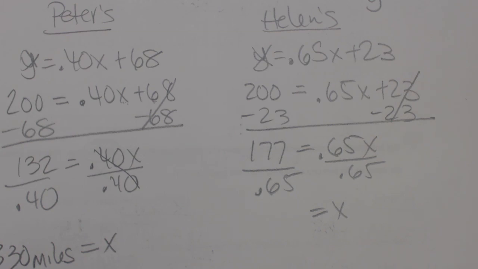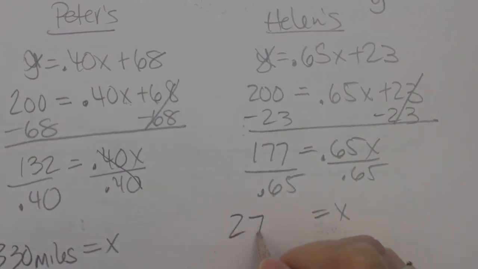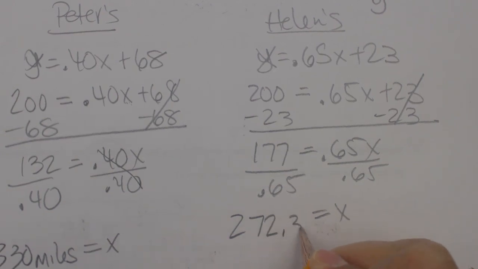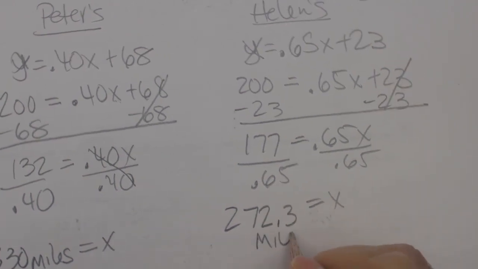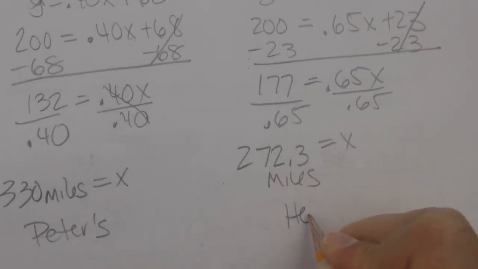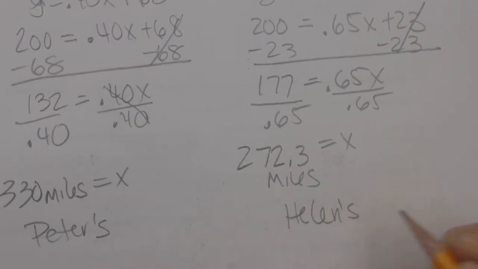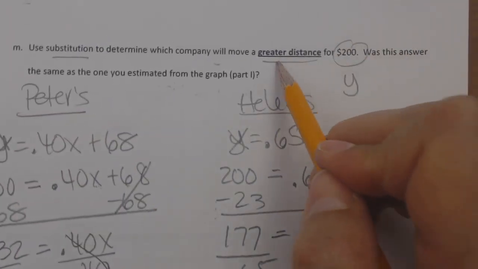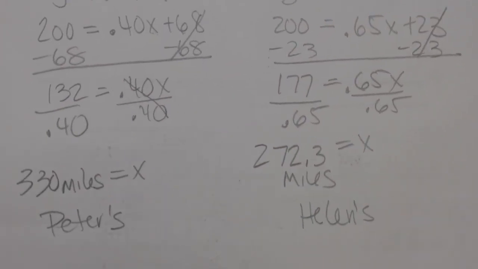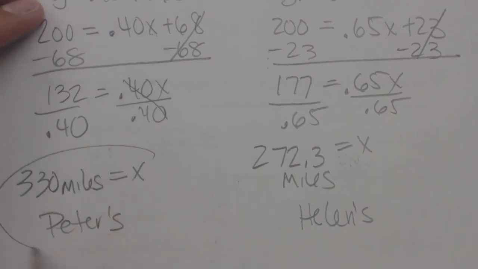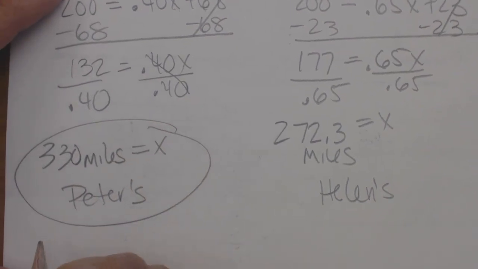So we get 177 divided by 0.65, 272.3 miles. And this is Helen's. And now remember, we want the greater distance. So which one's farther, 330 miles or 272.3 miles? And you got it. Peter will take us farther.